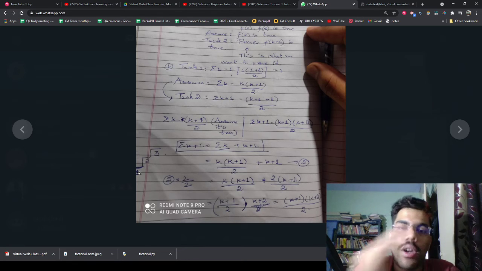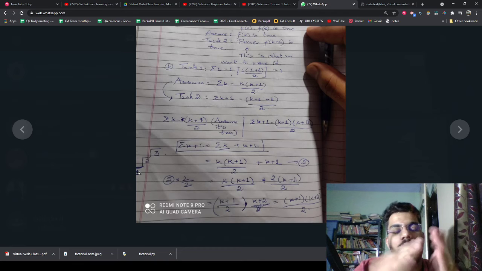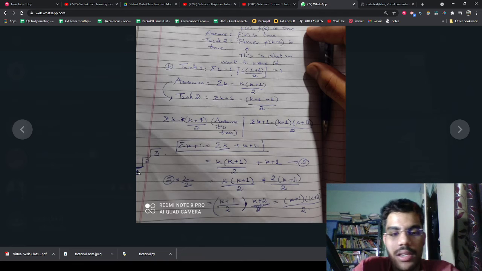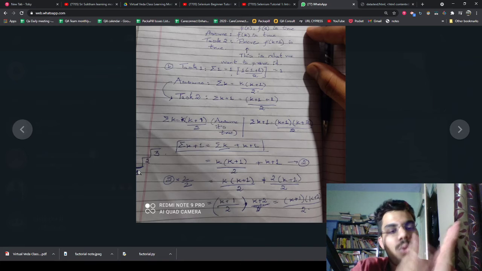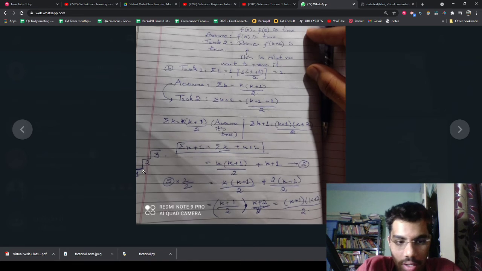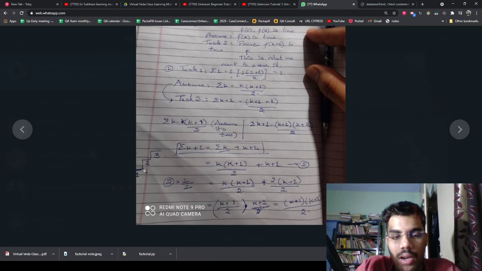This is a small case to prove. If the small cases are true, we need to prove that first, then we are getting 1. This is the 1. Then we are assuming the summation of k equal to k into k plus 1 divided by 2, that is the value.